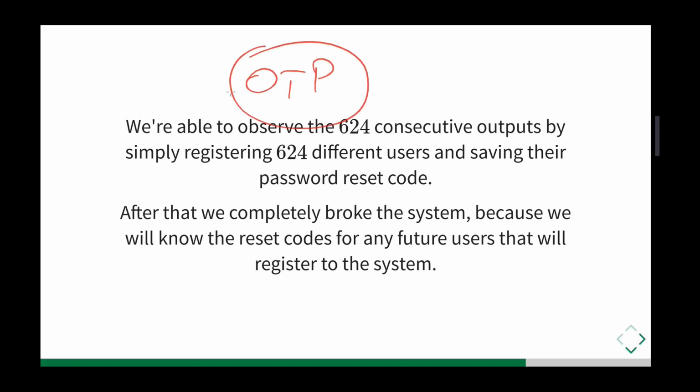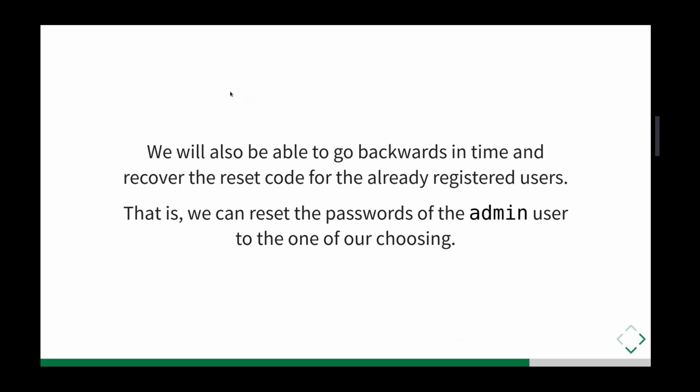they have to be somewhat deterministic, or they have to update deterministically. So maybe if you break the OTP of one user, you can have the next ones, and you can hack into the account, maybe. We will also be able to go backwards, as we said. That means we can reset the password of the admin user, of Leo, and things like that.